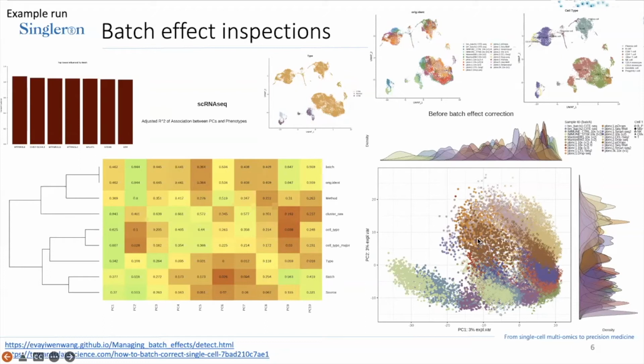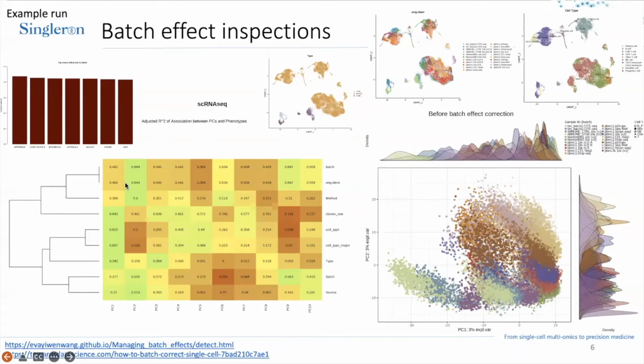Looking at the marginal plot of the PCA, the different batches obviously locate at different places of PC1 as well as PC2. So at least these two PCs are heavily driven by the batches.